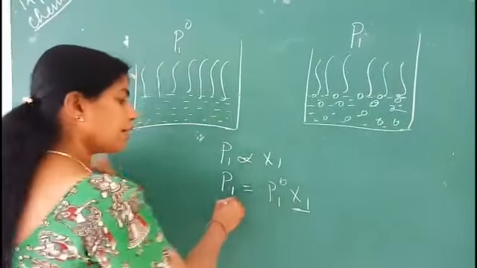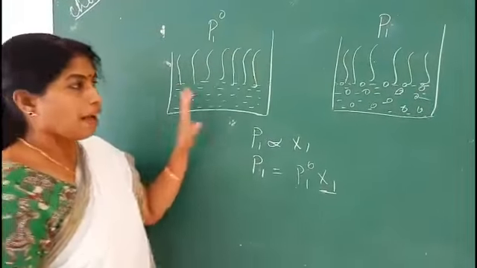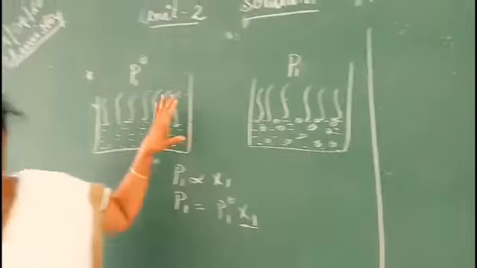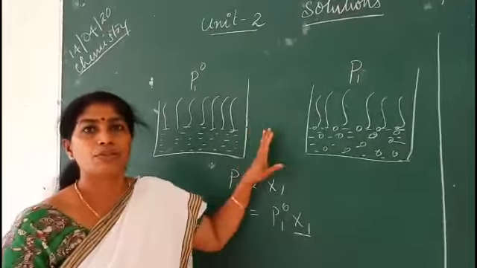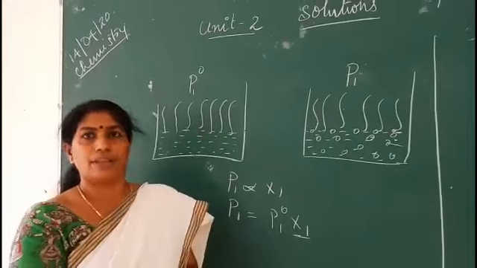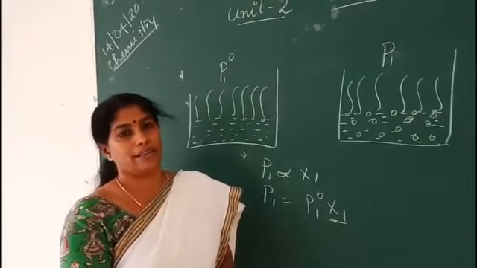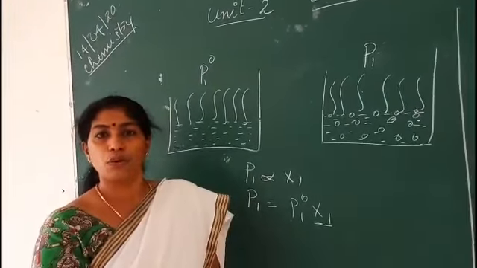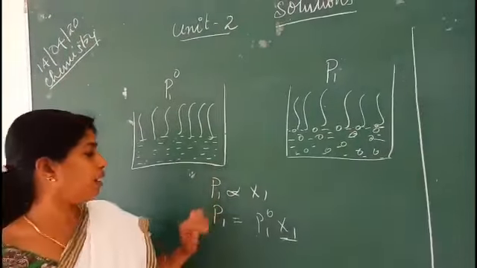Now this is P1 equal to P1 naught X1, and based on Raoult's law we can classify solutions into two types: ideal solution and non-ideal solution. Next we are going to study ideal and non-ideal solutions. An ideal solution means a solution which obeys Raoult's law at all concentrations.